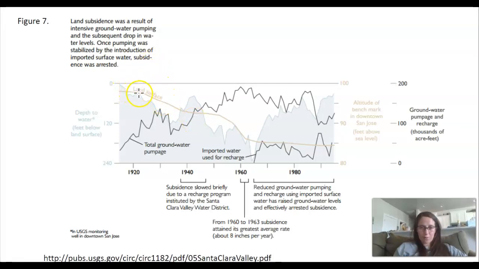Land surface seems to be decreasing, and then once you get to about 1935 to 1948, about to here, the land surface doesn't decrease very rapidly. So the subsidence itself decreases, or rather, there stops being as much subsidence.